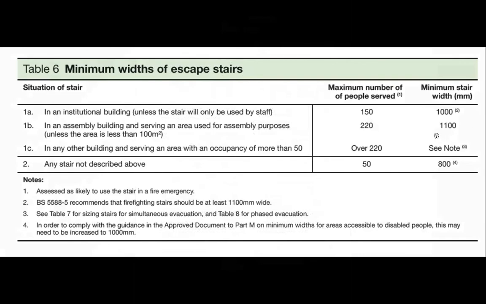You've got this guidance, so there's your minimum width. But to be accessible, they need to be 1200 wide anyway. We're going to draw stairs next week in more detail. Be aware that there are minimum sizes for escape, but for a lot of projects, if you go for a 1200 wide stair, you normally find it will work. You can't go any less anyway for a public building.